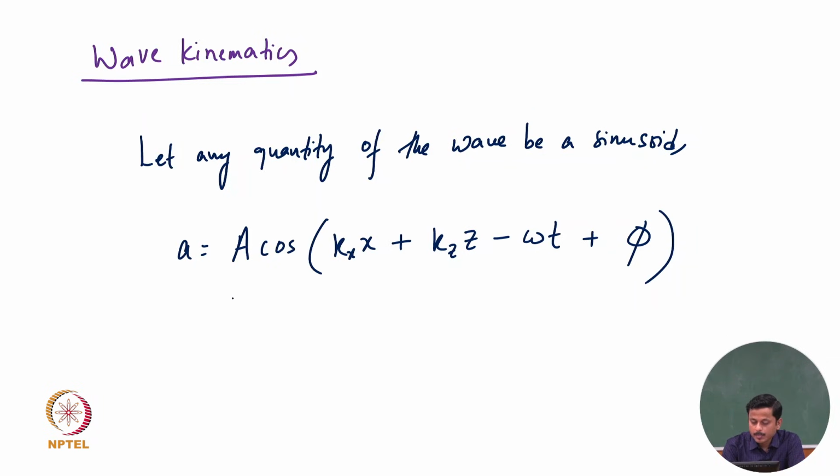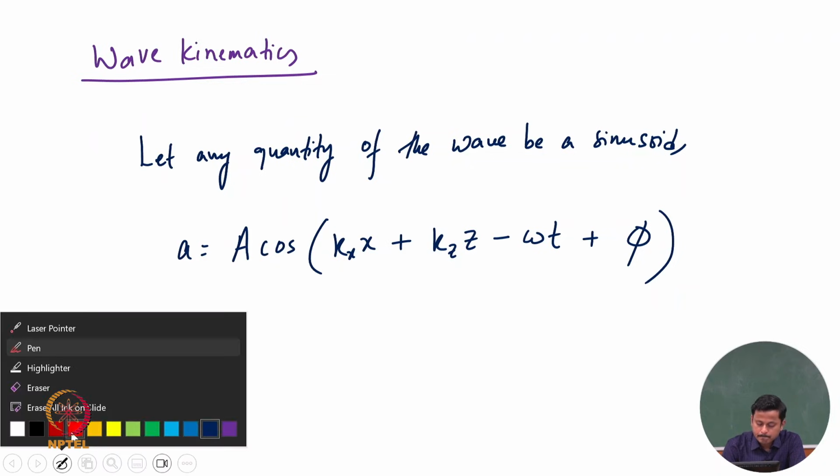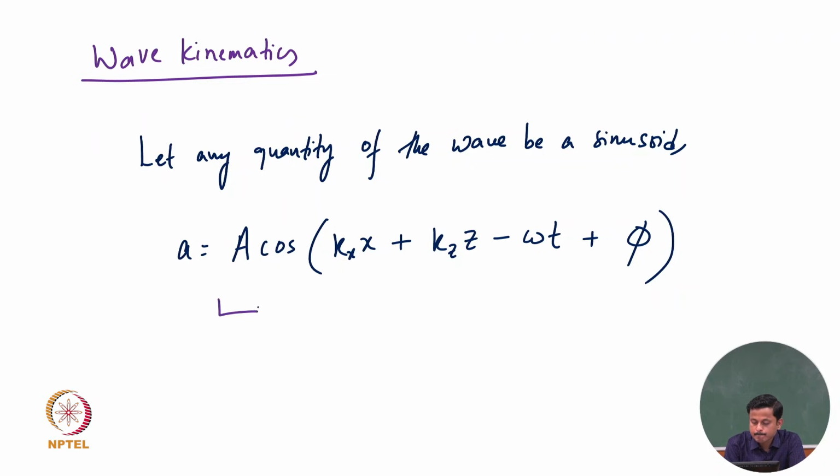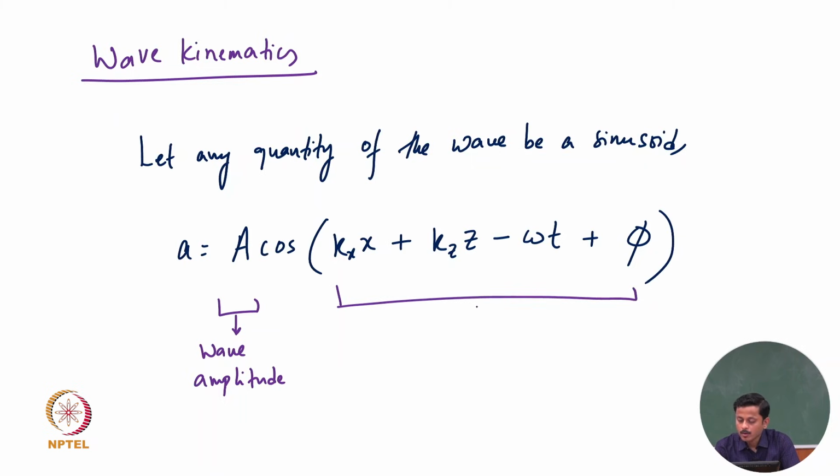Here capital A is the wave amplitude, this whole quantity within the cosine function is the phase, and this phi naught is the reference phase.